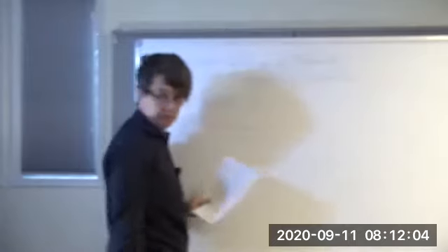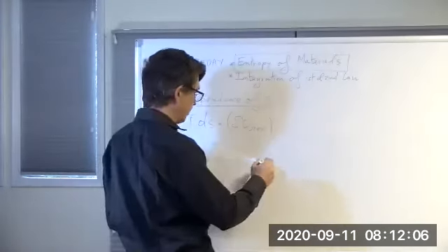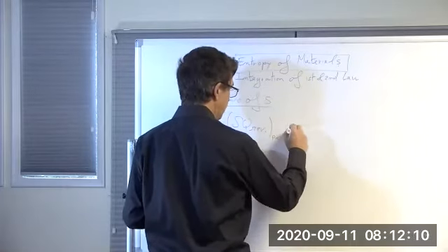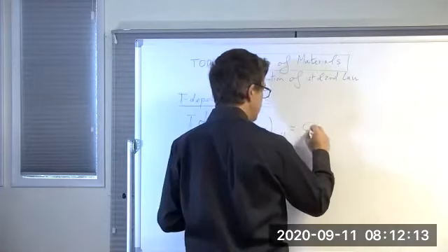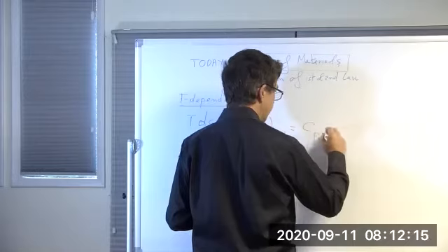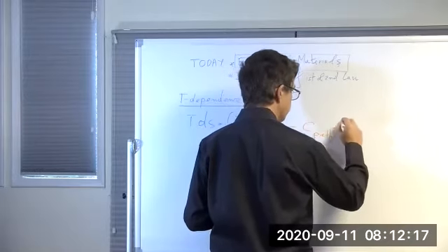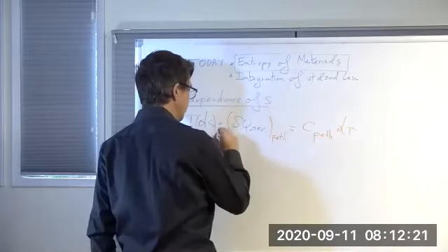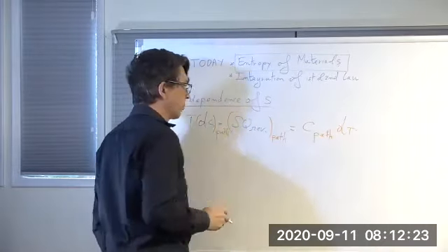We know that the heat flow is path dependent. So this is some path, and this would be equal to C for that path dT, which means that this differential would be valid only under that path.